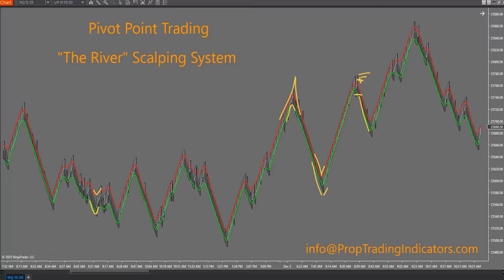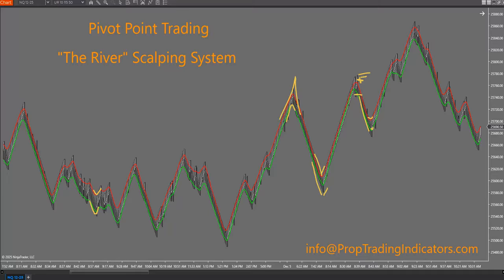Then the automation will see those and put you into trades with a trail stop mechanism to capture as much of the move as possible, or you can leave it until you get a hook on the River in the opposite direction to close out the trade.